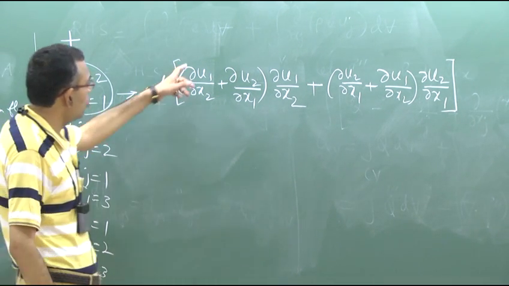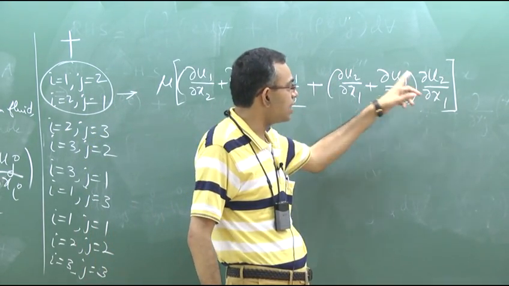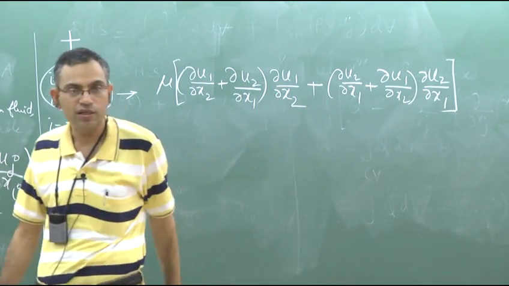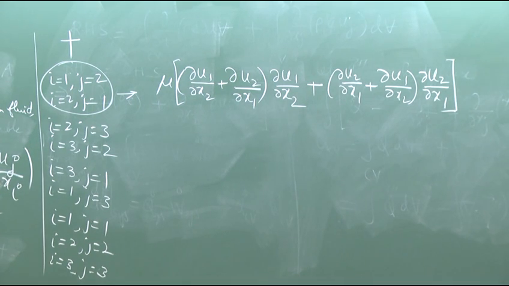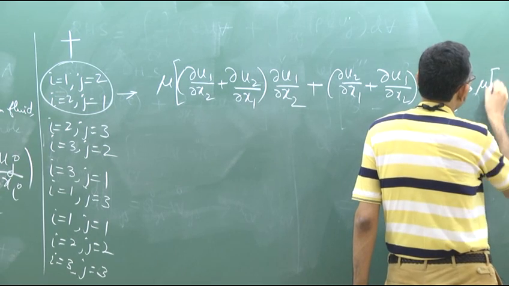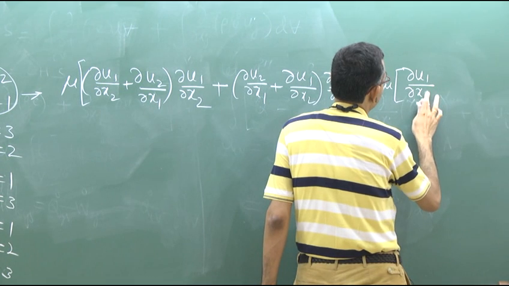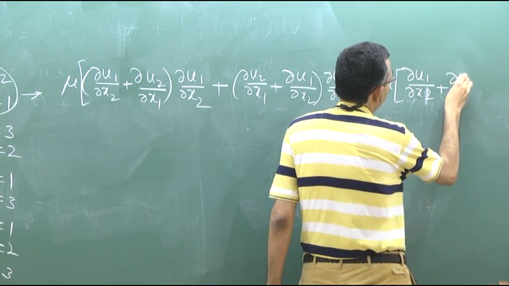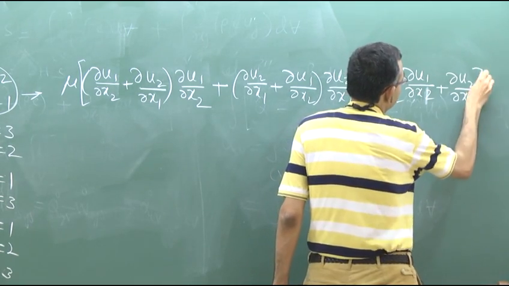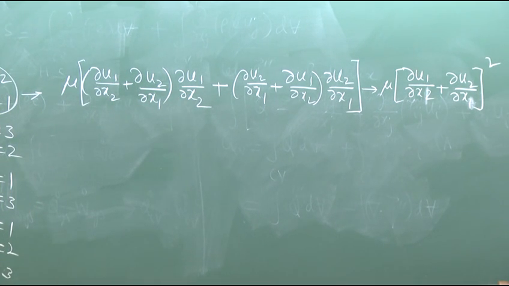So this is del u1 del x2 square plus del u2 del x1 square plus 2 into del u1 del x2 into del u2 del x1. So it is like a plus b whole square formula, right. So this is mu into, okay.